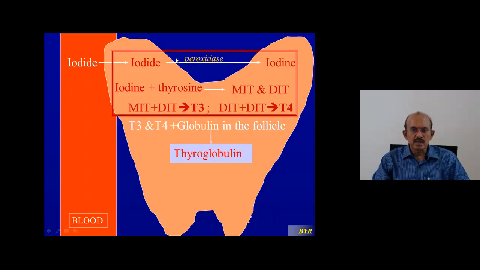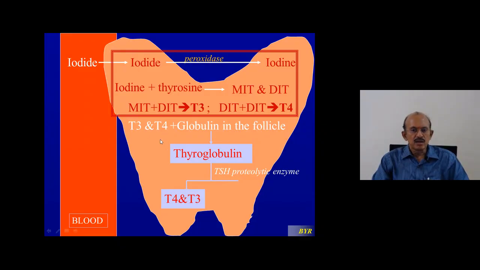From the acinar cell, now the T3 and T4 percolate into the thyroglobulin, and they are bound to the globulin present in the follicle. The globulins store this T3 and T4.